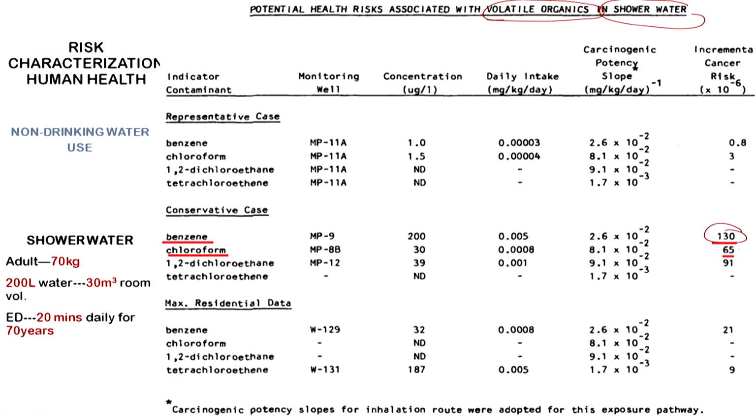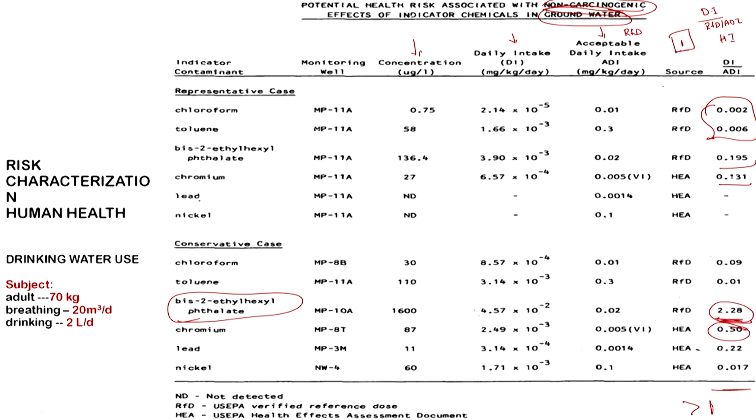In different pathways, we now see that for benzene, chloroform and 1,2-DCA, which are relatively volatile, the risks in this particular case, as in shower water with relatively higher temperatures and such, are remarkably high, which probably was not the case in groundwater.